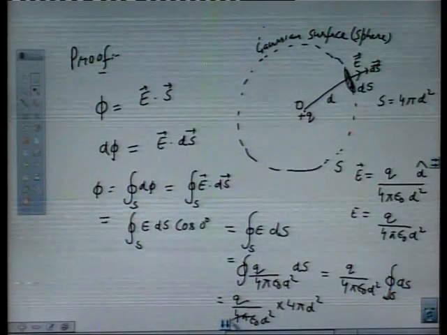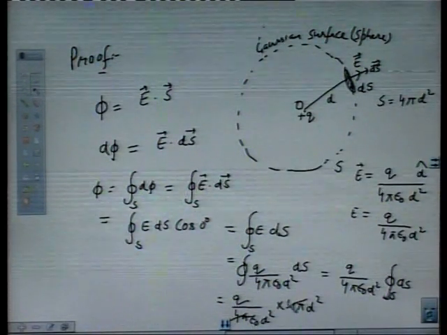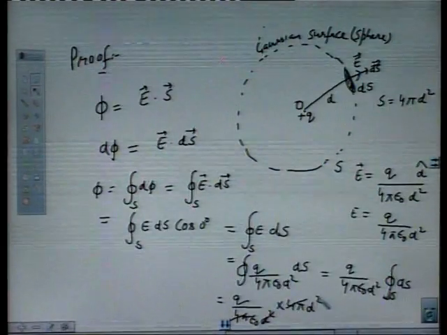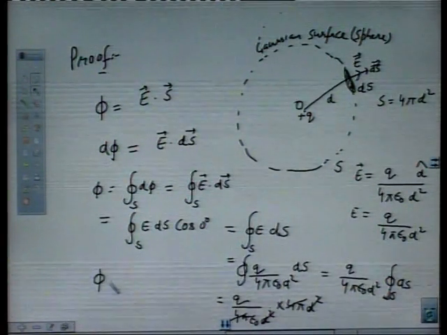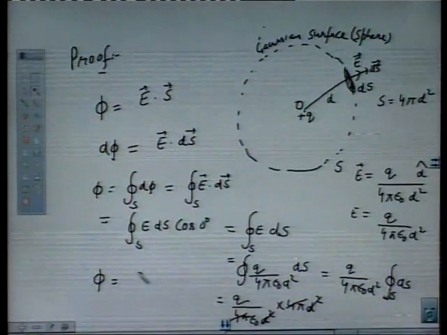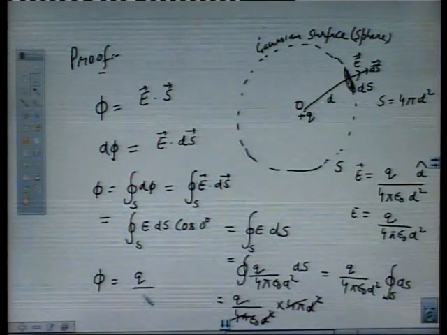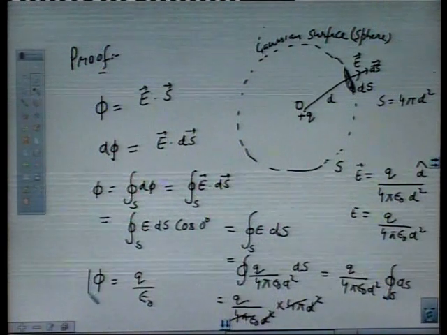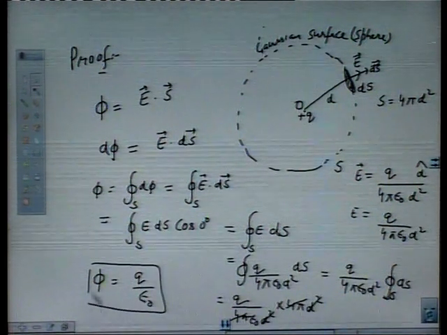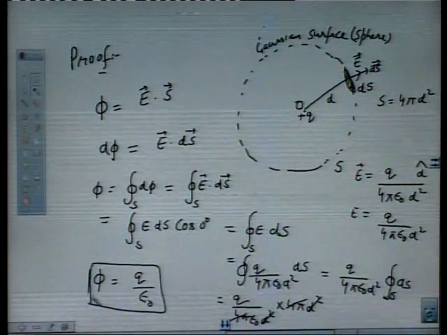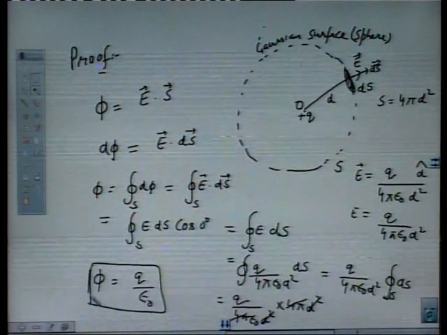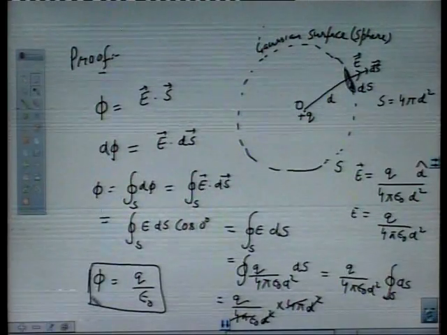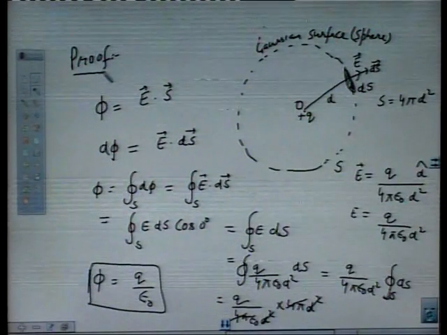Now, 4 pi cancels out with 4 pi and d square with d square. So, we get the expression phi is equal to q upon epsilon naught. So, the formula for electric flux is equal to q upon epsilon naught according to Gauss's theorem. Hence, we have proved this formula.